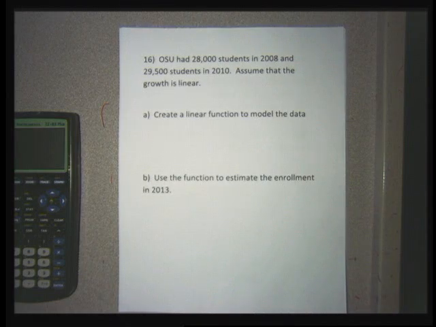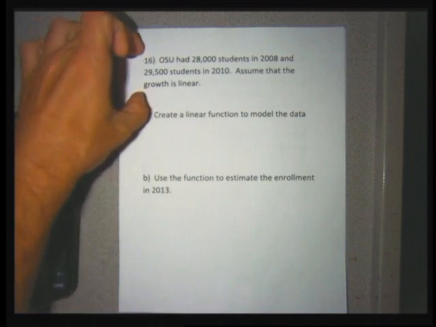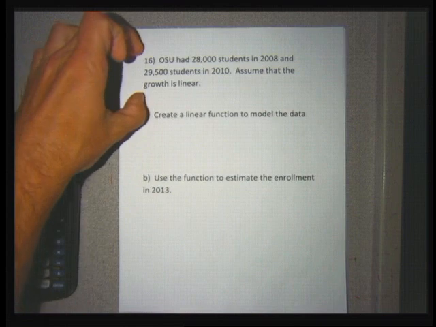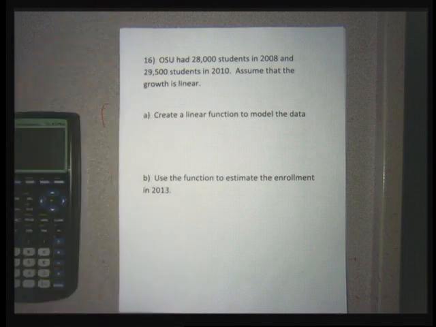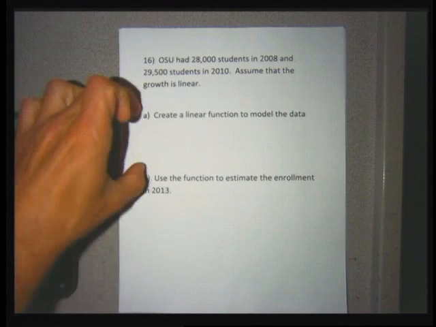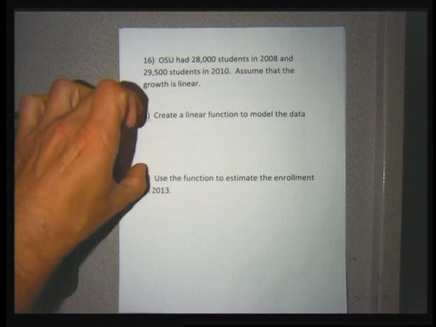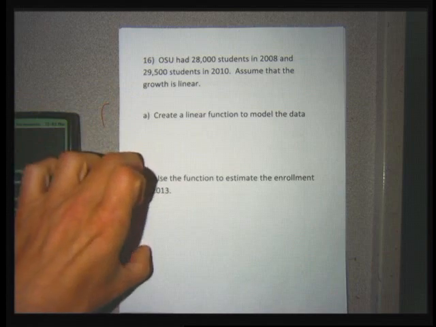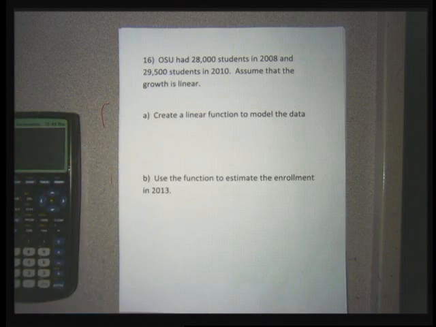So each of the word problems, at some point, gives me a little sentence or a paragraph and asks me to do a couple things. The first thing is to come up with an equation of a line or a function to model the data, and that function is going to be a line. Then it asks me to use the function I create to answer some questions.